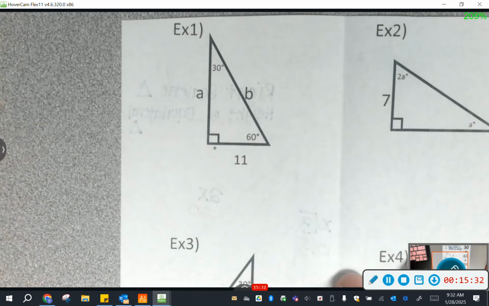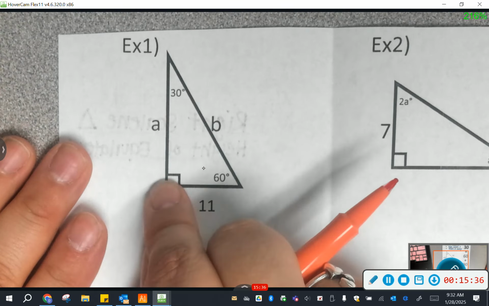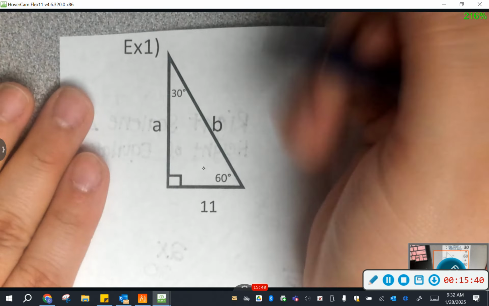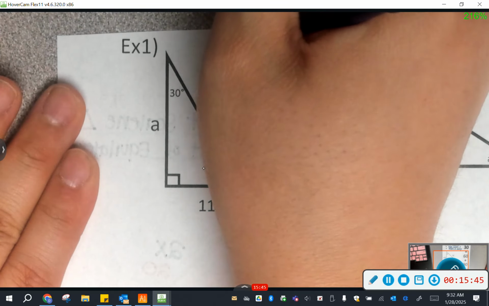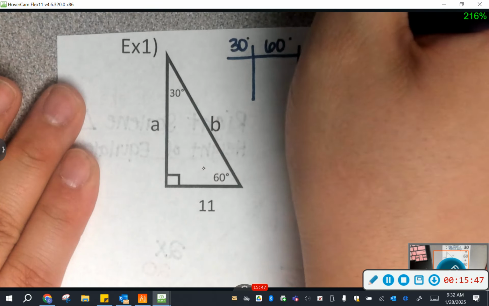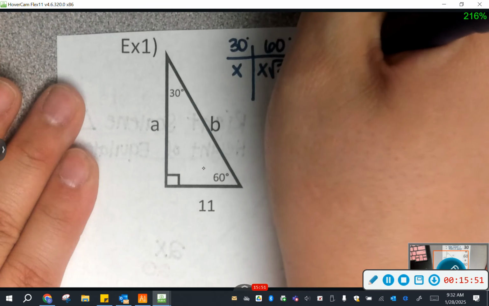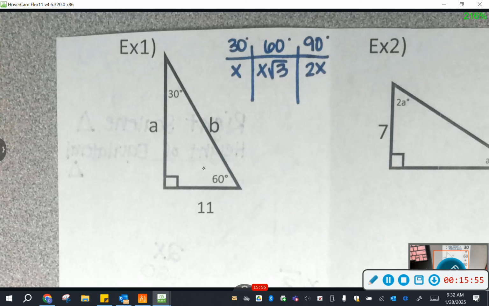All right. Open up, please. Number 1. Do you see how it has a 30 and a 60 and a 90? If you see 30, 60, 90 right away, you need to be making a chart. Write it down.